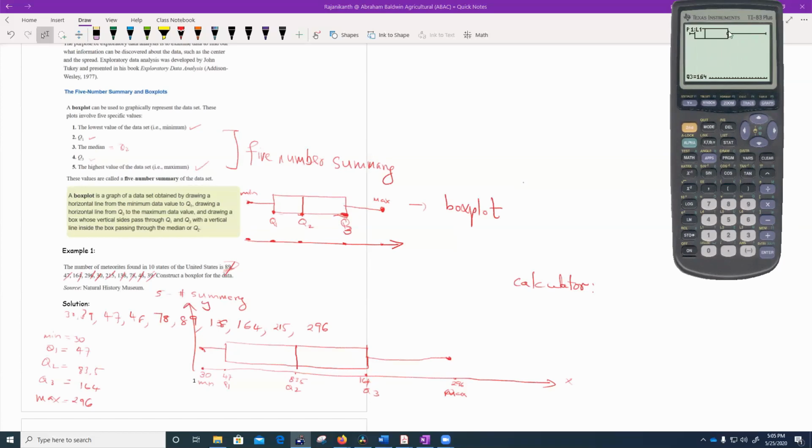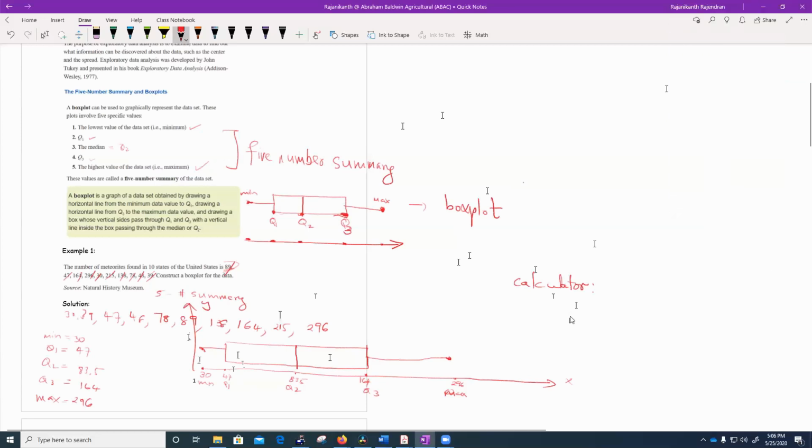This is my Q3, 164. And this is my Q2, 83.5. My Q1 is 47, and the minimum value is 30. So if you want to use the calculator, first enter all the data into the L1 column.